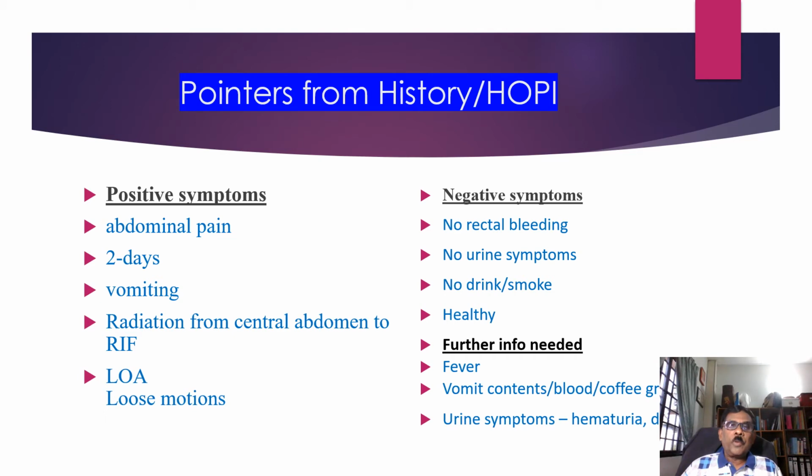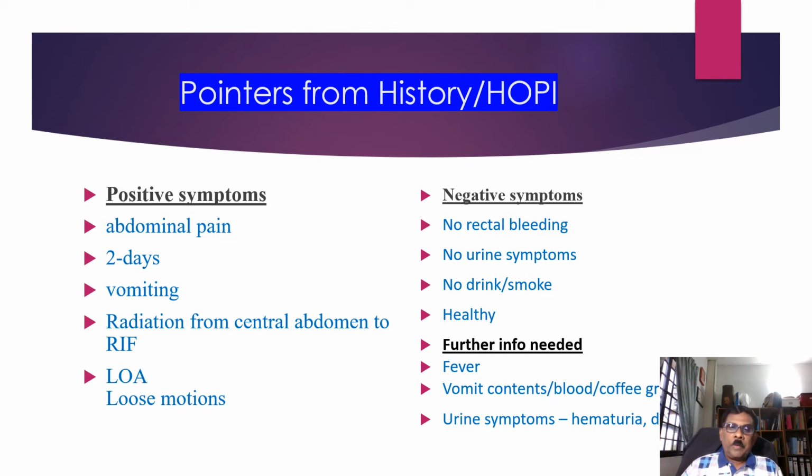Okay, now what are the pointers from the history of present illness? Positive symptoms: abdominal pain, 2 days onset, vomiting, radiation from central abdomen to the right iliac fossa, loss of appetite, and loose motion. The negative symptoms were no rectal bleeding, no urine symptoms, no drink or smoke, and an otherwise healthy man.